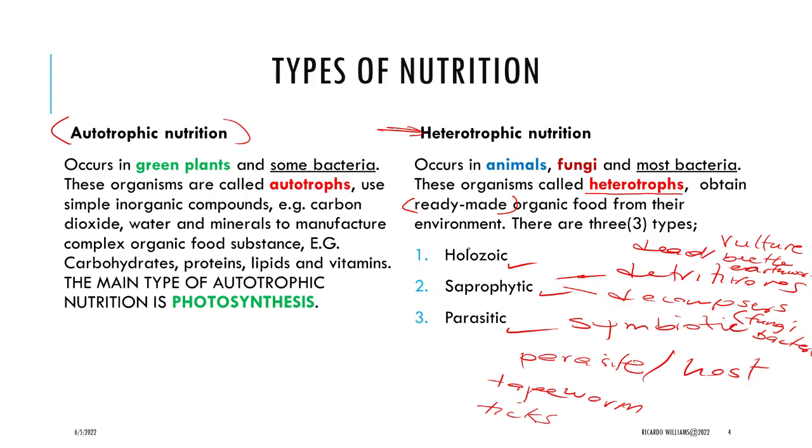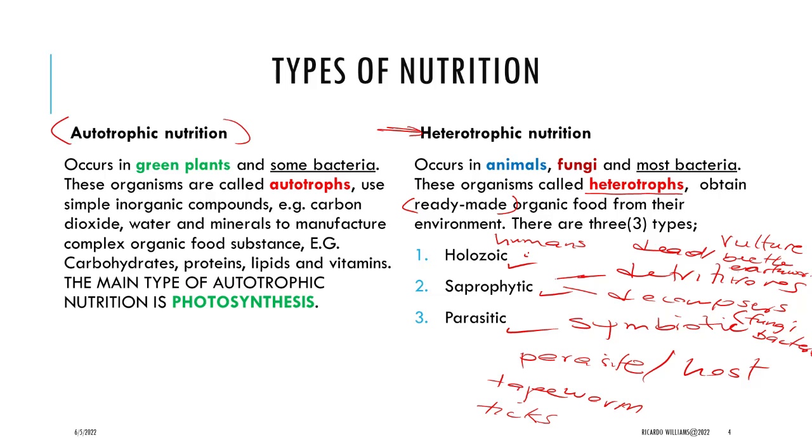Now, holozoic is a method that humans use and other animals as well. They consume the organism whole, in the sense that we consume the organism while it is either alive or when we kill it and prepare it. In the case of humans, we eat fruits alive, right? We pick the fruit from the tree and just eat it.